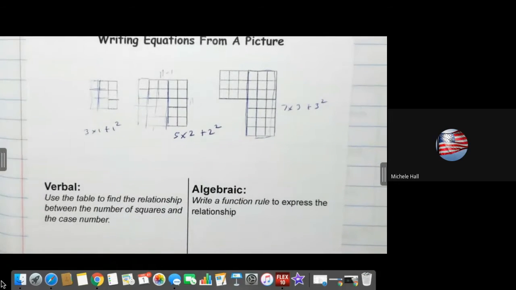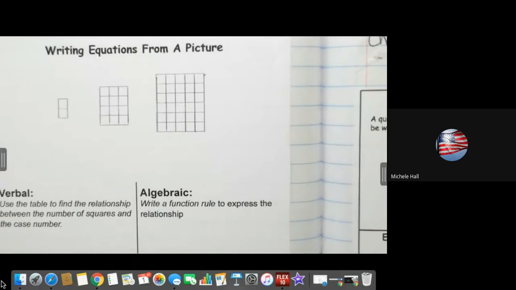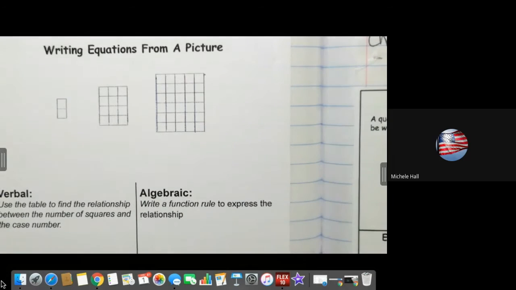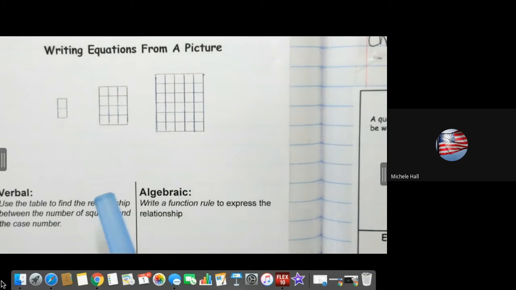We had this picture, and then we had another one. And nobody really did anything with these ones. I didn't really force the issue on it because I knew that we were going to be coming back to it. So look before we started quadratics, look for these pictures in your notebook.